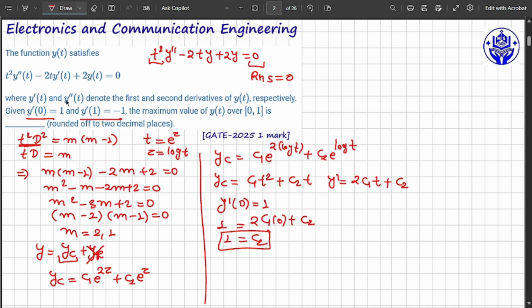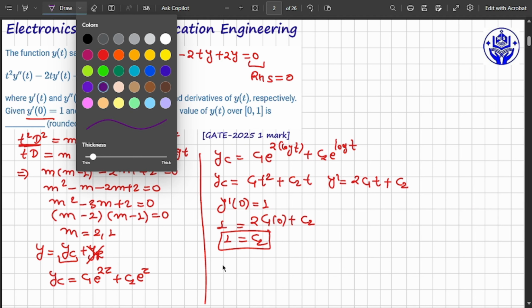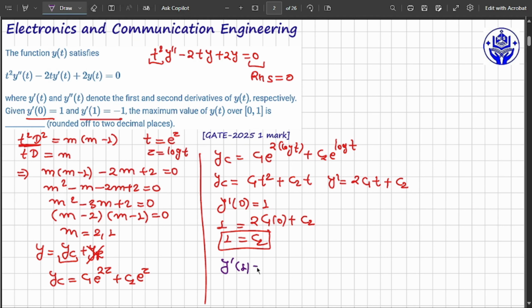Again I have another condition, that is y dash of 1 equals minus 1, so I put 1 here. I get minus 1 equals 2 c1 times 1 plus c2, and I can find from here that c1 is minus 1.